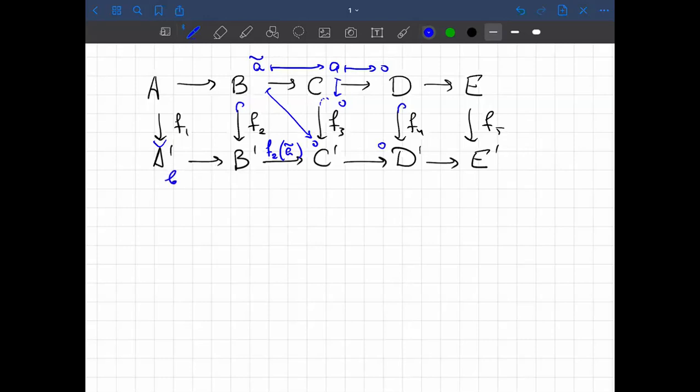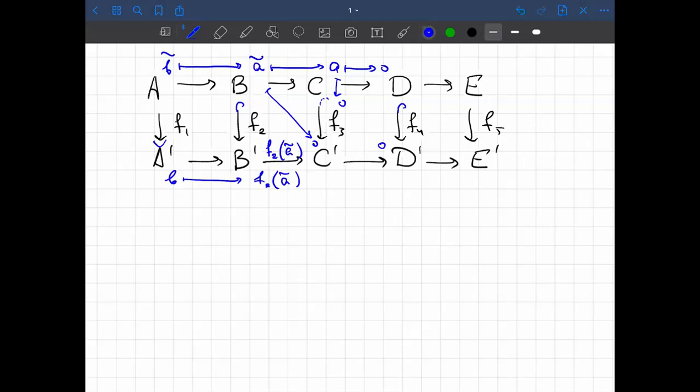So B maps to F2 of A tilde. Because F1 is surjective, it has a preimage in A. And then A with no tilde has to be 0 because it's two boundaries together.